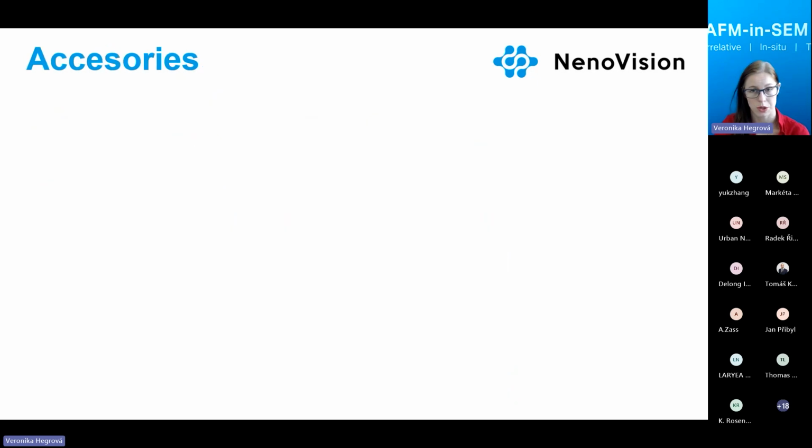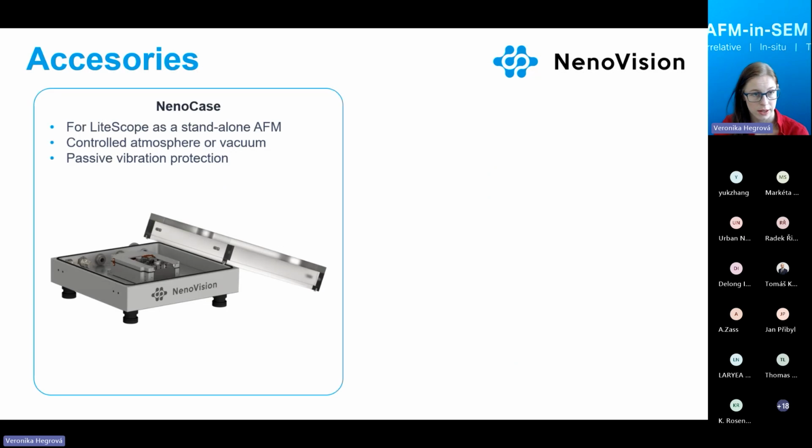Regarding the accessories which can come with the LiteScope package, there is a NanoCase. Such accessory is quite useful if you want to use the LiteScope on the table as well, not only in the SEM chamber. It provides a controlled atmosphere or vacuum, and it has passive vibration protection.